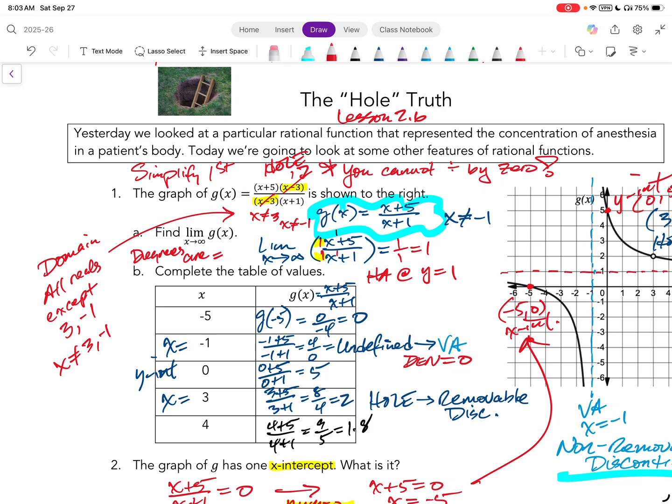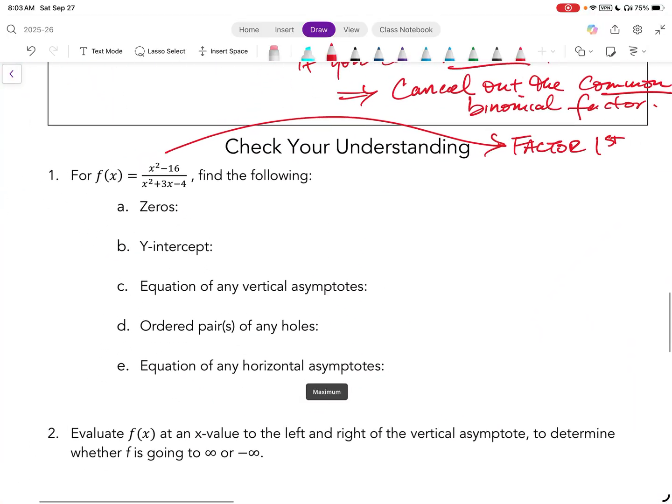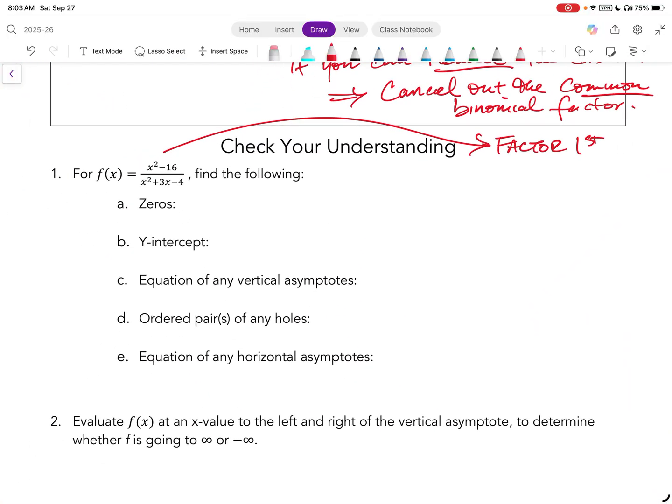We had a hole here, located at 3, 2. And we call that a removable discontinuity because you removed the factor to simplify it, by canceling or simplifying. And that's it. So now all we have to do is apply it and see what happens. Let's apply it here and finish up.